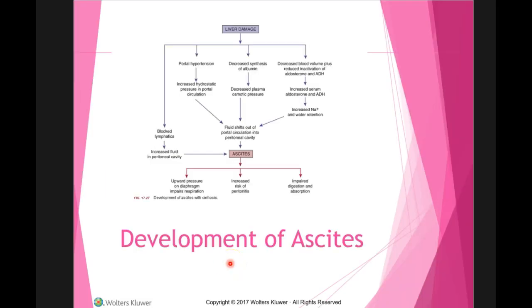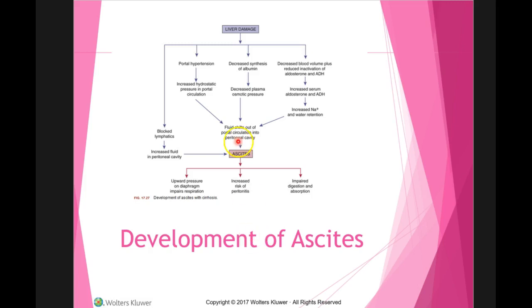So the reason why we're talking about cirrhosis is because one of the clinical manifestations of cirrhosis is a disorder called ascites, and it is a representative of several different pathways of third spacing.